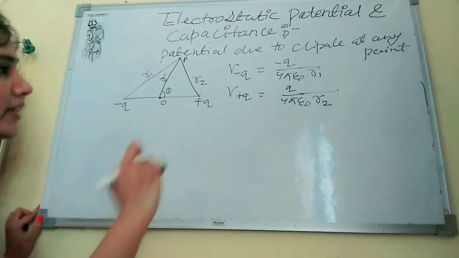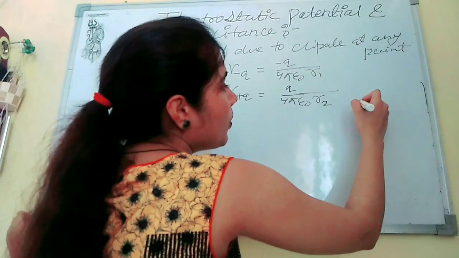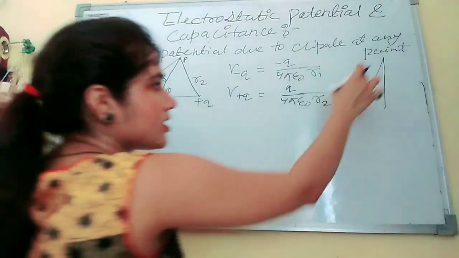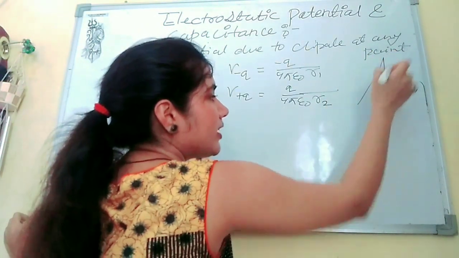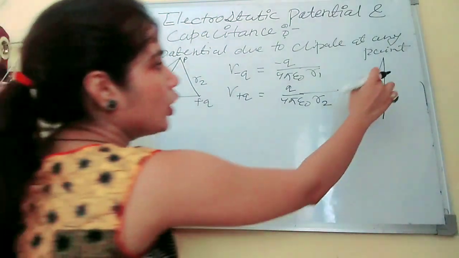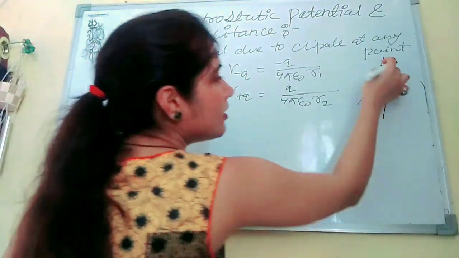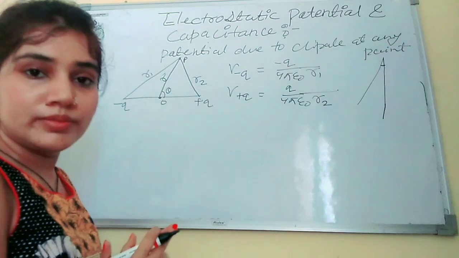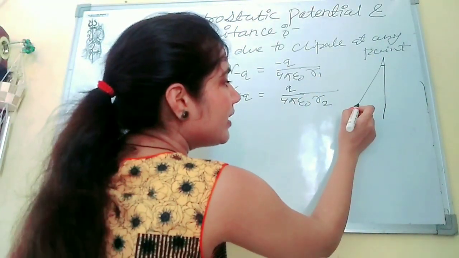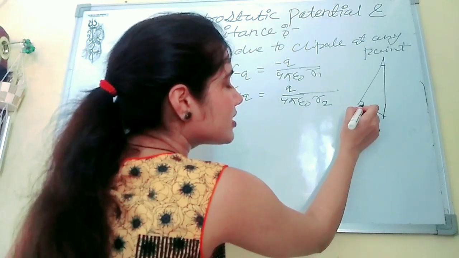So how will we find it? Suppose two lines are projecting like this, and the angle between the lines is very small. So how will we measure the lines? We simply take a perpendicular like this.